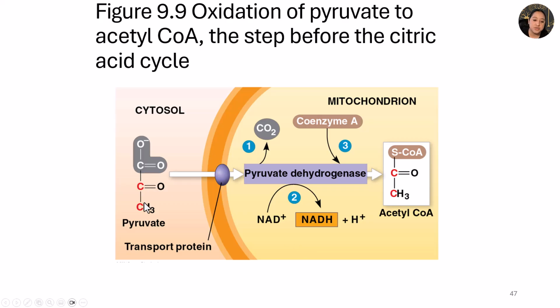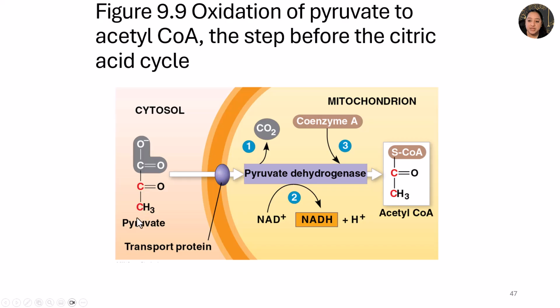So here you see the molecule of pyruvate on the left. There's 3 carbons, and remember there's 2 molecules of pyruvate. So 3 carbons. This is our carboxyl group. Pyruvate has to get taken into the mitochondria, and this will happen with a transport protein. Then once it's inside the mitochondria, pyruvate dehydrogenase will take off this carboxyl group, and now this is carbon dioxide.